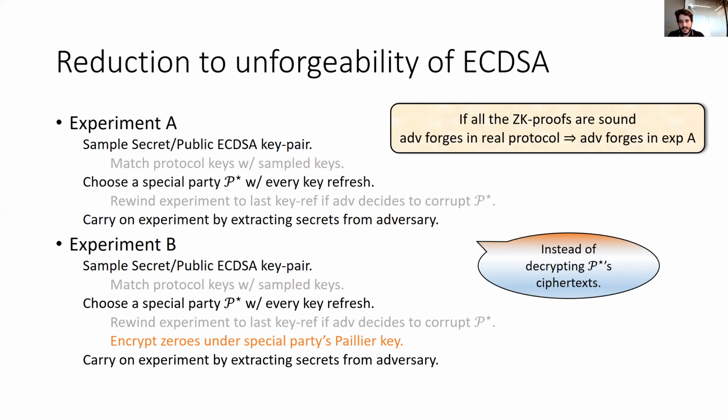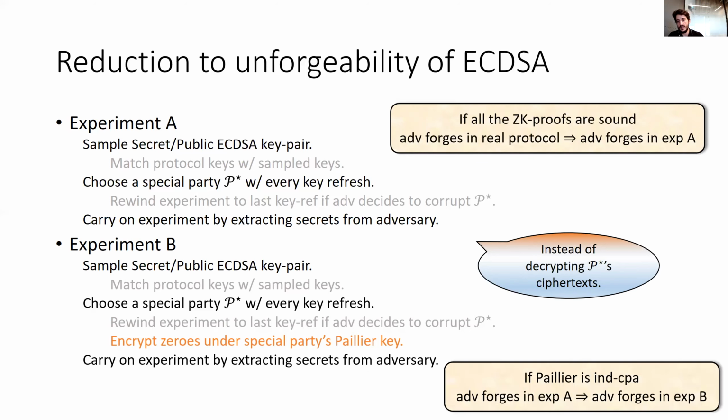As you may probably guess, the next step in our argument is to say that if the adversary forges signatures in the first experiment, then, assuming that Paillier is semantically secure, it follows that the adversary forges signatures in the second experiment as well.